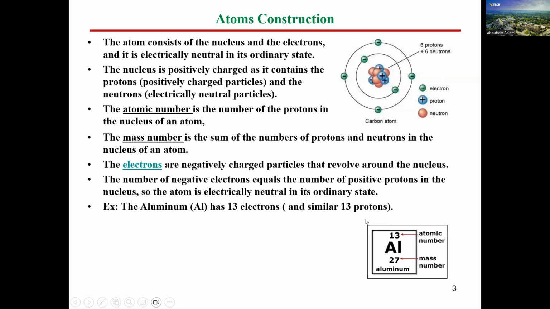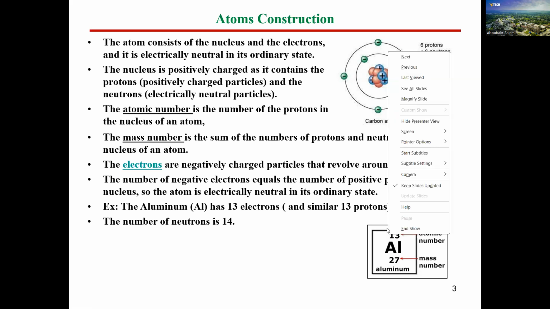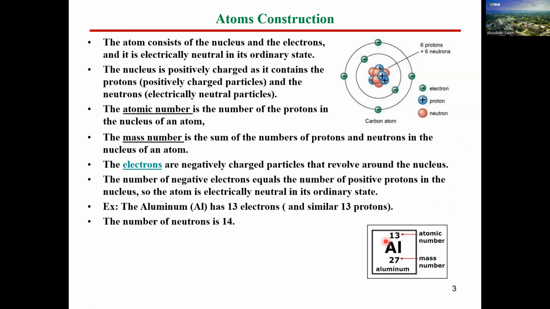Let's see an example, guys, for one other element, like aluminum. For aluminum, we have 2 numbers here. The upper number is the atomic number, it's 13. And the lower number here, 27, refers to the mass number.